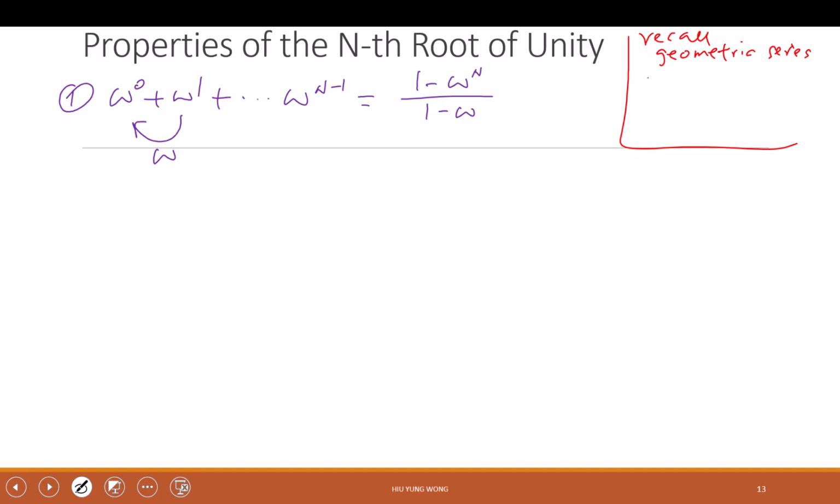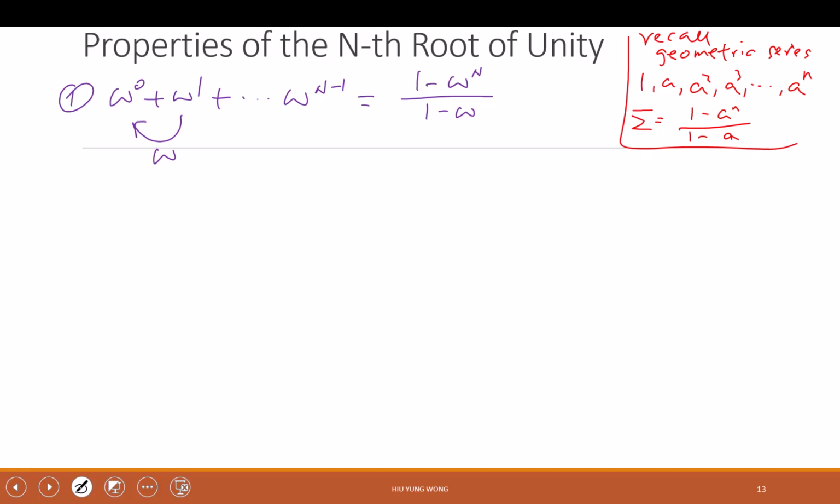You have, let's say, we need to start with the first term. Let's say 1, A, A squared, A cubed, all the way to A to the power N. What is the sum? The sum equals 1 minus A to the power N divided by 1 minus A, because their ratio is A. Okay, go back to check it, and that is what it is.